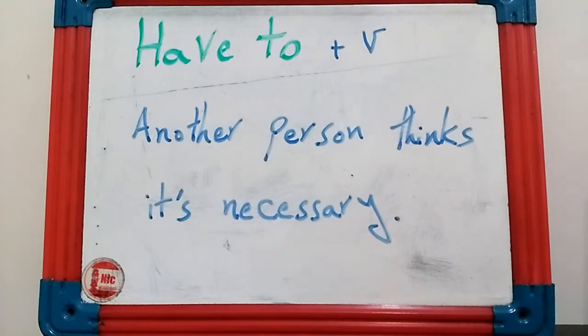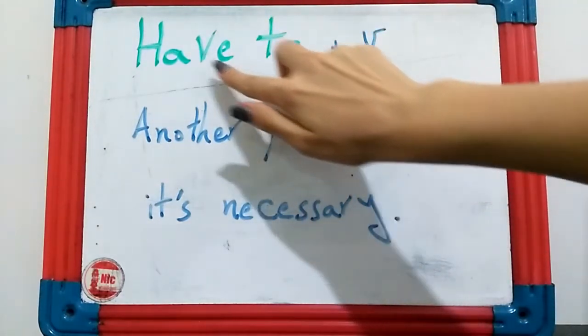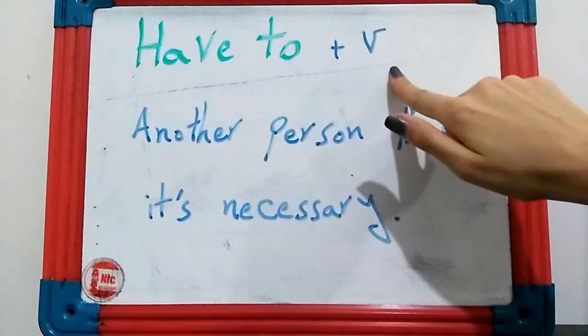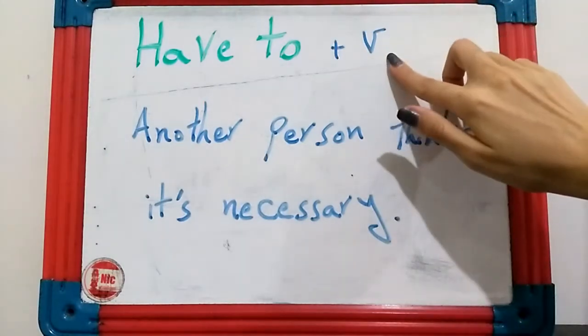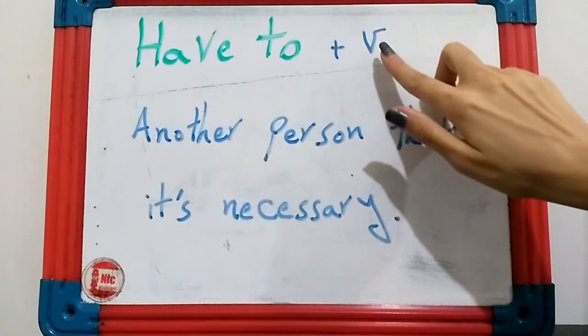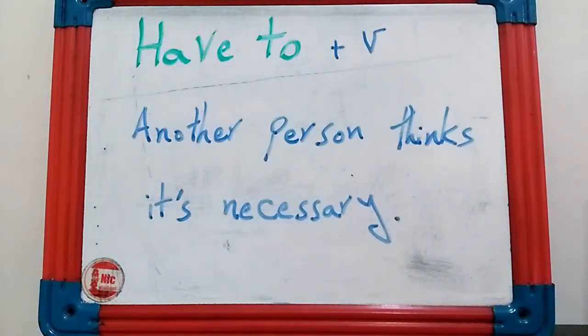Okay, now let's look at have to. Again, have to is a modal verb, and after have to, our verb should be the base form. دوباره حالت اصلی خودش باید قرار بگیره. فعل بدون s, ing یا ed و مثل must فعل کمکی هستش. So when can we use have to?